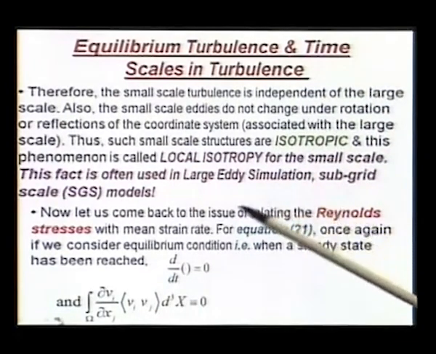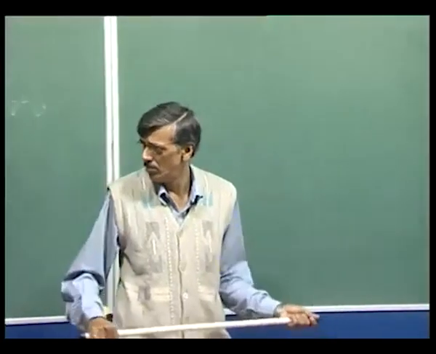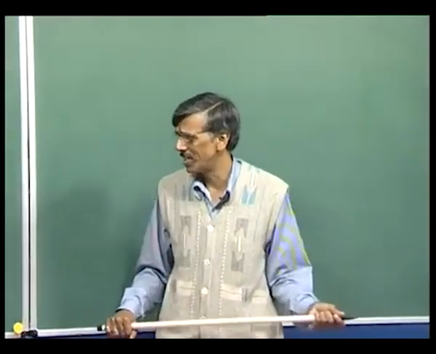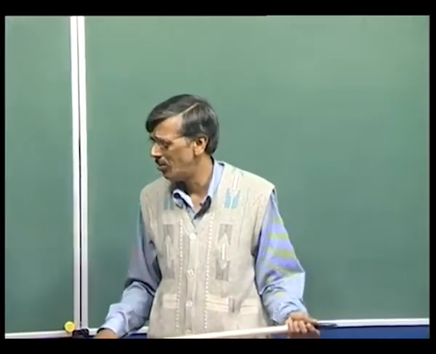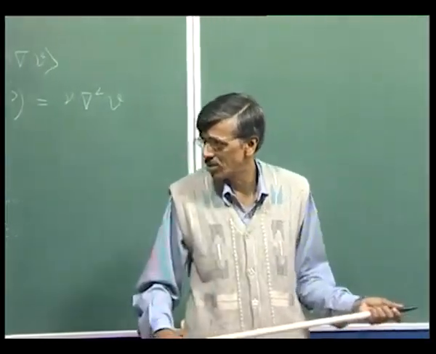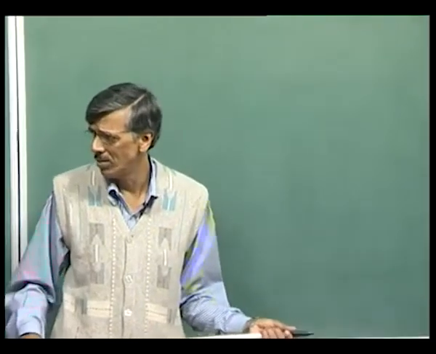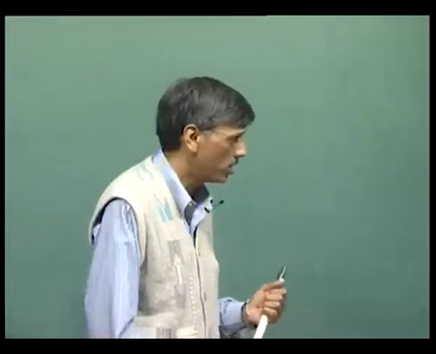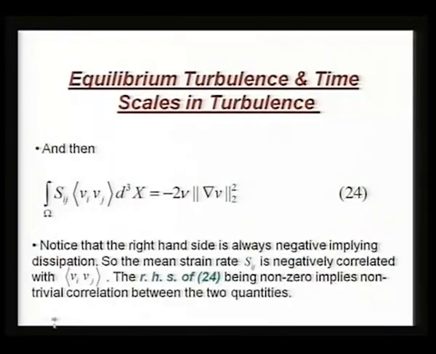Now, let us get back to this question of relating the mean strain rate with the Reynolds stress. What we find is that we are again considering an equilibrium condition, and we are talking about a steady state having been reached, and once we have reached that steady state, we get this following equation.